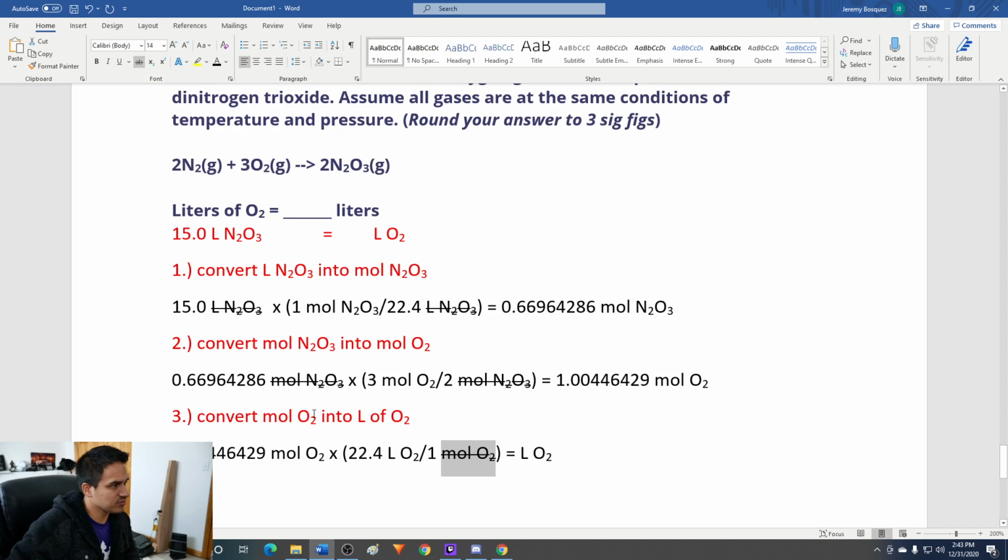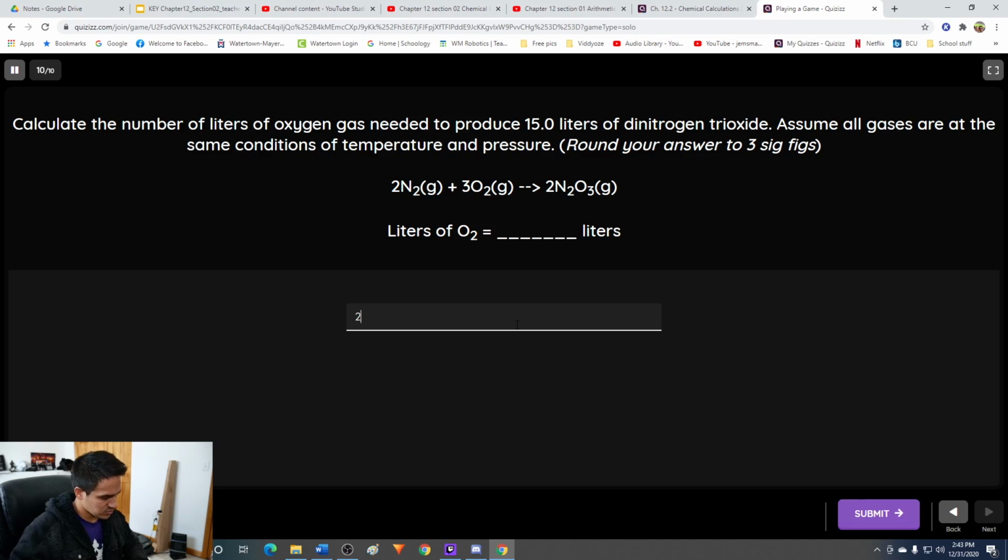So we're going to take our 1.00446429 times 22.4 equals, and I get 22.5 liters of O2. It does say to round your answer to 3 significant figures, which is what we have right there. That should be our final answer. So here we go, 22.5. Did we get it?